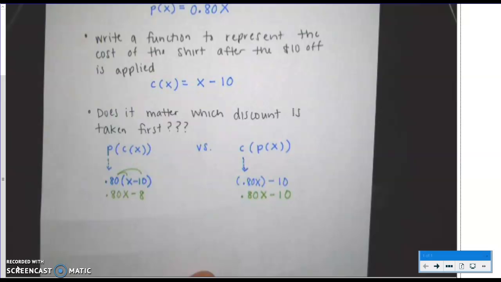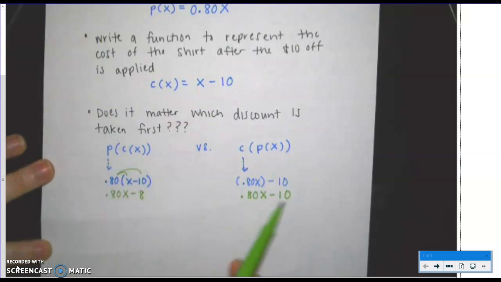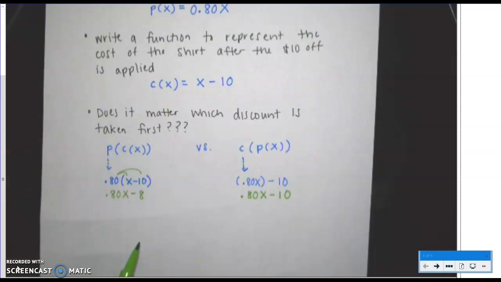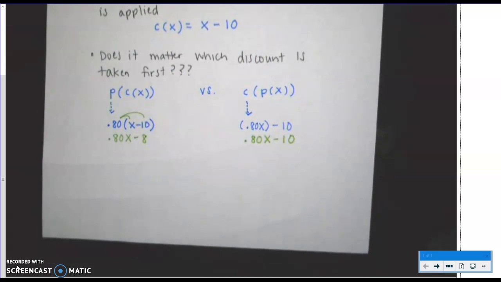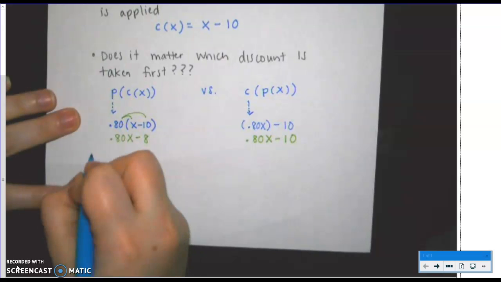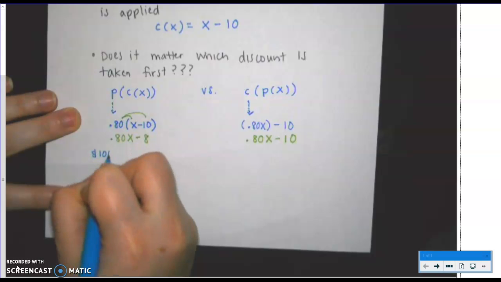You might be able to tell just by looking at these equations that taking $10 off is going to save me more money than only taking $8 off, because the 0.80 is the same for both equations. But let's do it with a dollar amount, just so we can see. Let's say we have a shirt that was $100. In this scenario, we started with $100.